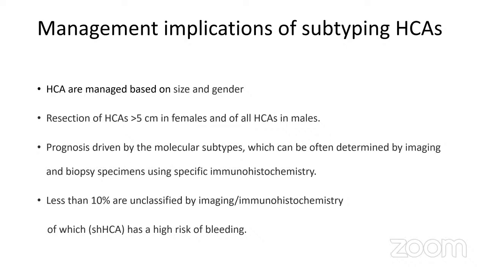Prognosis is driven by the molecular subtypes, and imaging and biopsy can help you subtype the adenoma. And some of the adenomas are unclassified by imaging and immunohistochemistry, of which a big percentage is the sonic hedgehog adenomas, which have high risk of bleeding.